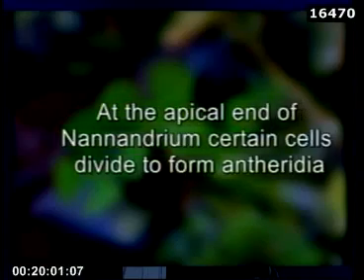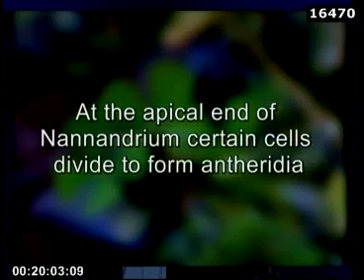The germling attaches itself to the oogonium or supporting cell by means of an attaching cell, or we can say a holdfast. The remaining portion of this androspore germling divides transversely into a small filament called the nannandrium. At the apical end of this nannandrium, certain cells divide transversely and form antheridia.